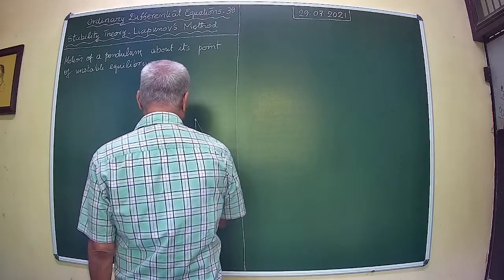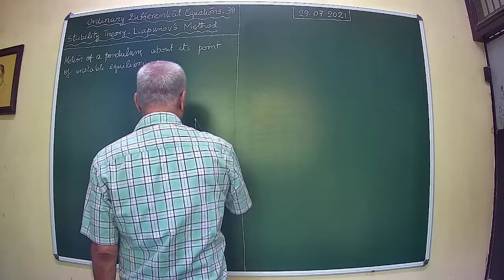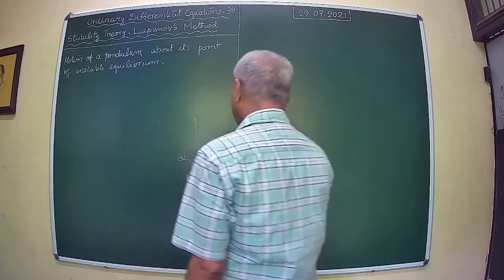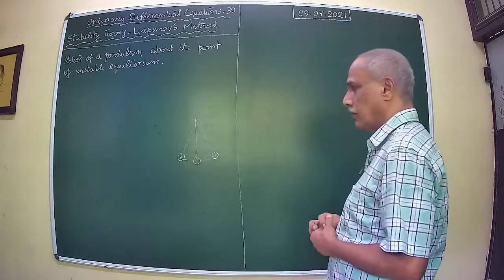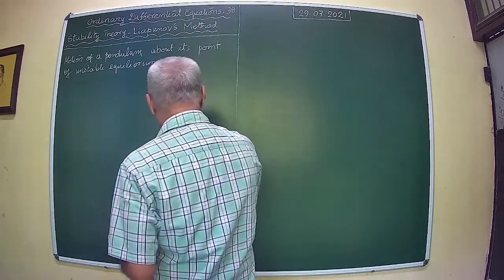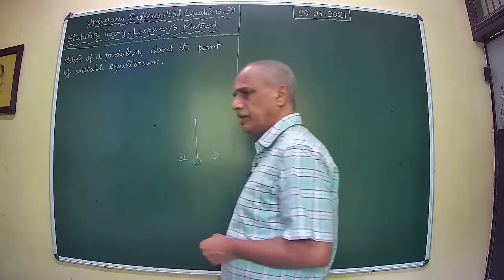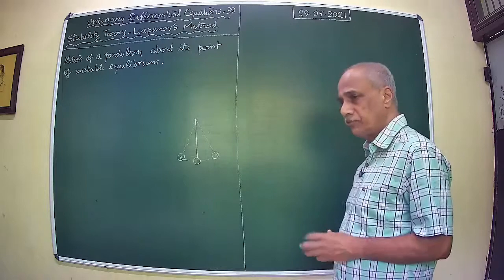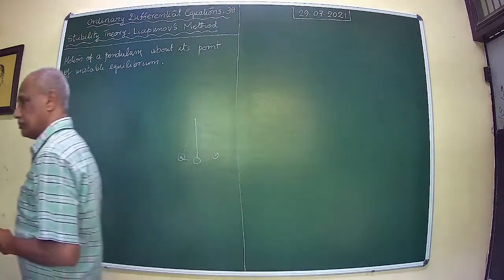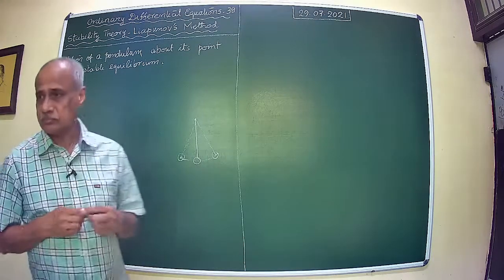Unless some resistance works, the pendulum will go on and on, or it will execute what is called simple harmonic motion. And therefore this vertical downwards position is an equilibrium point, which is a stable equilibrium.